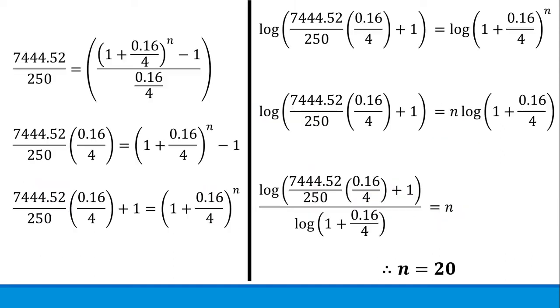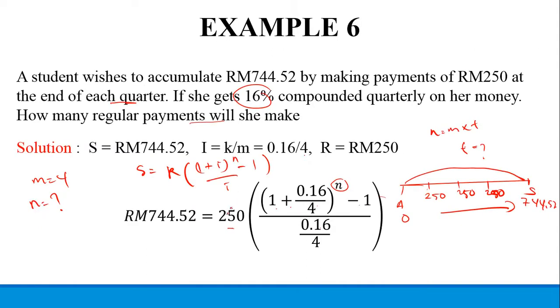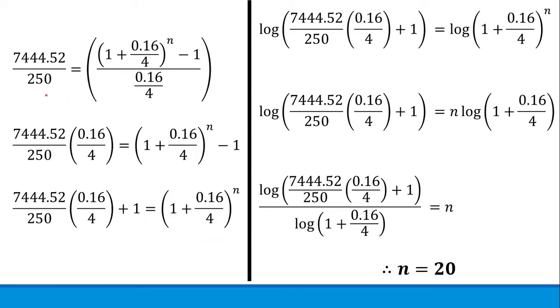What I will do next, I move one by one. I move this one first, you divide 744.52 by 250 and copy again like usual, and then I move this one at the bottom to the left side, it becomes multiplication like this.